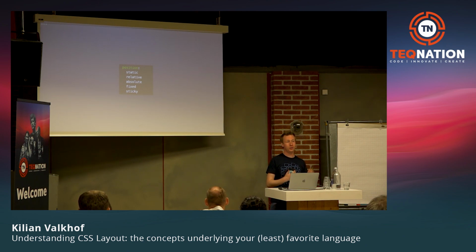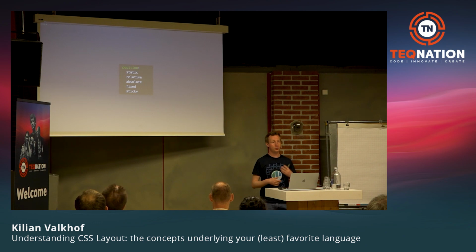And with it, we can decide how elements stack on top of each other. Now, elements by default have a value of static, which means they have no explicit positioning. And to activate the positioning layout algorithm, we need to pick any of the different values. Now, each value is something called a scheme, a different scheme that makes your elements behave differently.